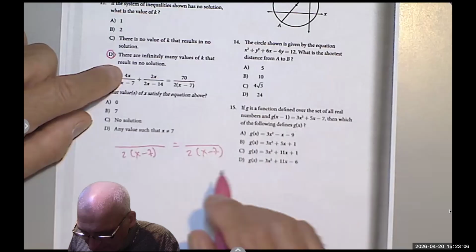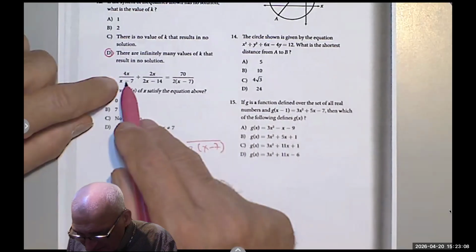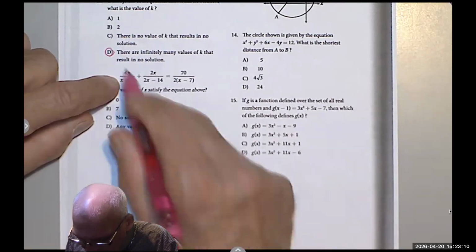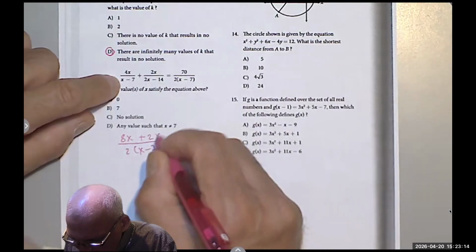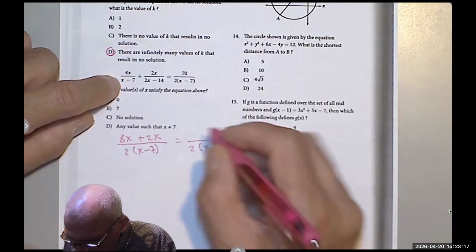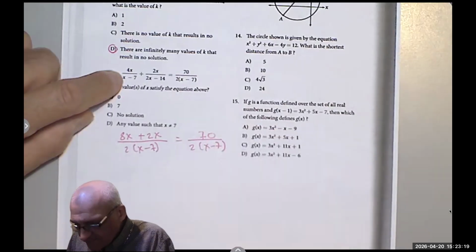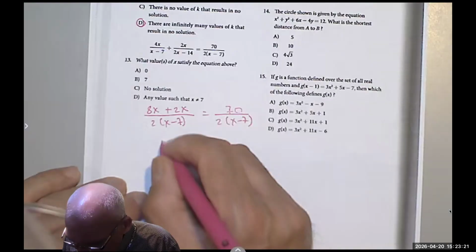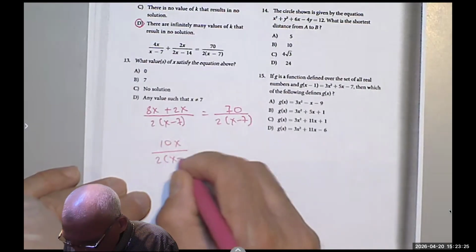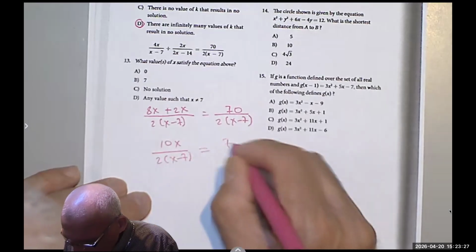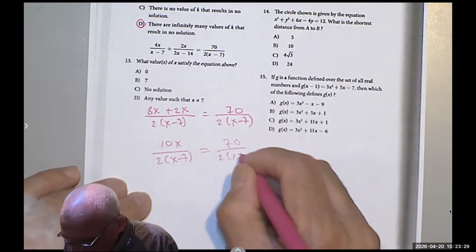And then this will be multiplied by 2 because it's divided by x minus 7 only. So this would be 8x plus 2x equals 70. 10x over 2 times x minus 7 equals 70 over 2 times x minus 7.